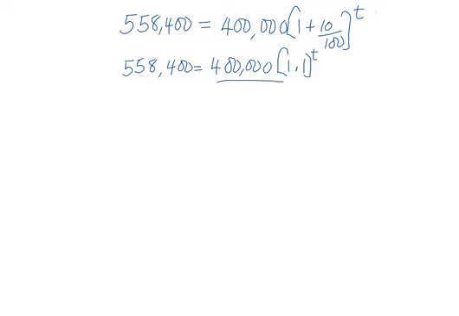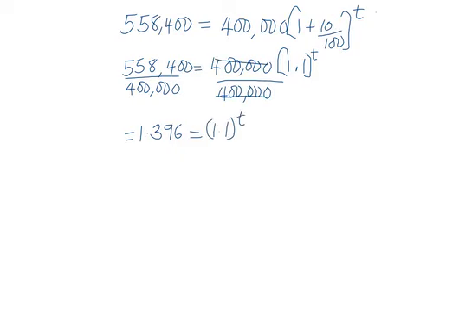We divide by 400,000, and this gives us 1.396 is equal to 1.1 power t. To make the power to be linear or to come down, we have to introduce logarithm.